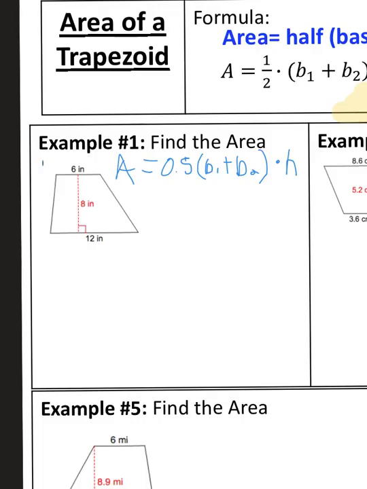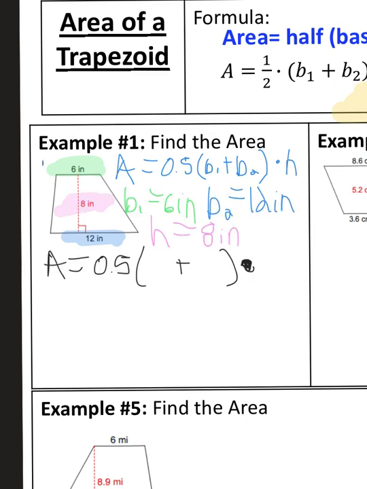Okay, so let's look at number 1. Example number 1, step 1, write down the formula: A equals 0.5 times base 1 plus base 2 times the height. Step 2, we need to identify base 1, base 2, and the height. Base 1 is 6 inches, base 2 is 12 inches, and our height is 8 inches.